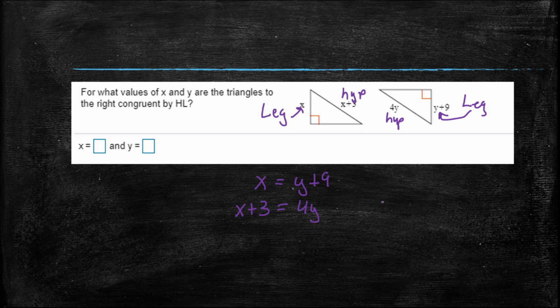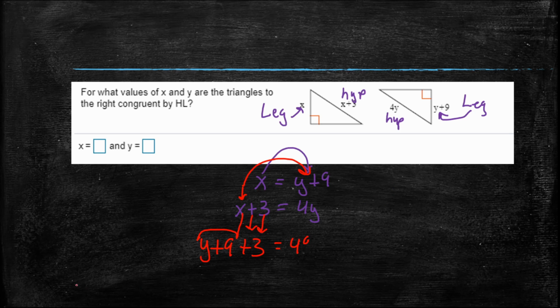And fortunately for this, we can take what x is equal to and say, right, we know x is equal to y plus 9. So our substitution is actually pretty easy. And here, I'm going to replace my x with y plus 9. So I'm going to have y plus 9 plus 3, right, because here's my x, and here's this part, and here's this part, is equal to 4y.